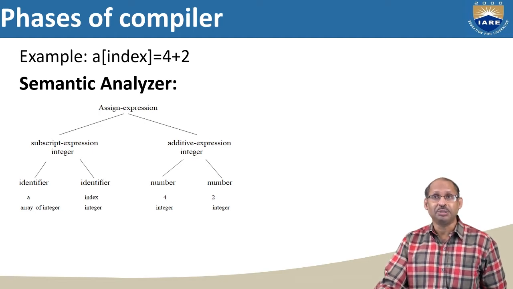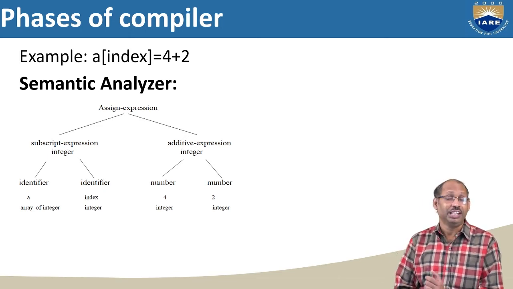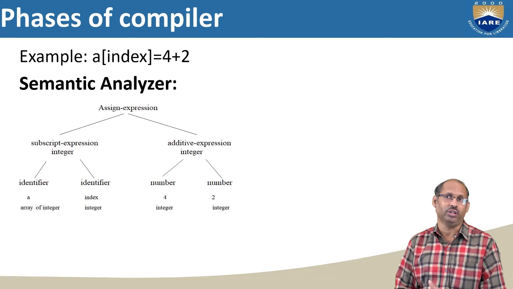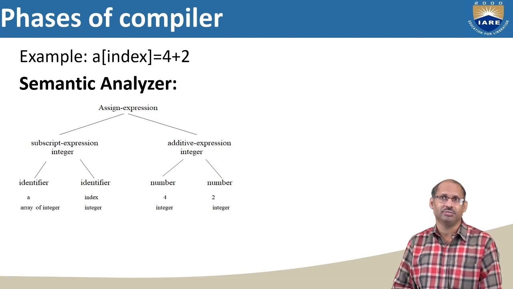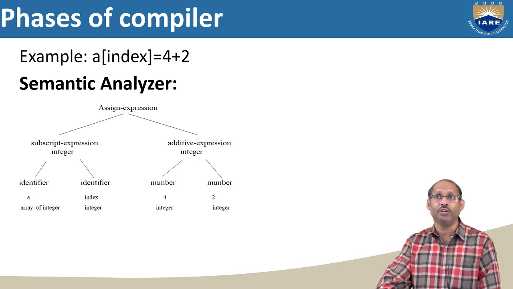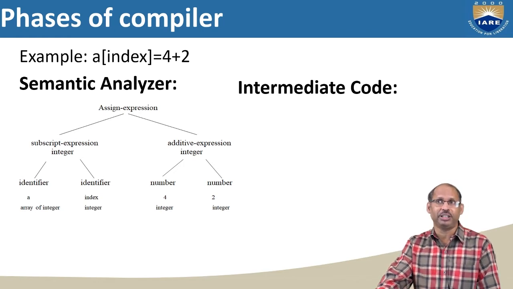Right? So the semantic analyzer will check the execution of this statement, whether it will be properly executed or not. Right? If it is in the proper way, it won't perform any modifications, and the abstract syntax tree will be the input to the intermediate code generator.